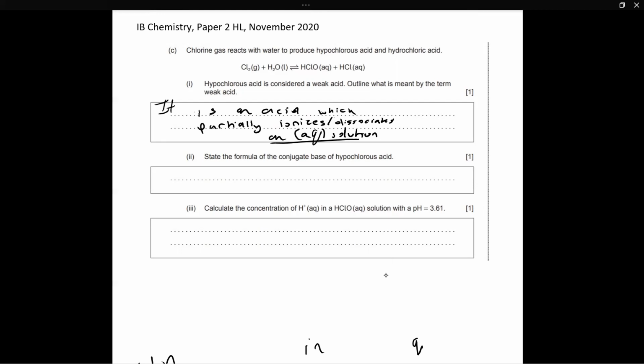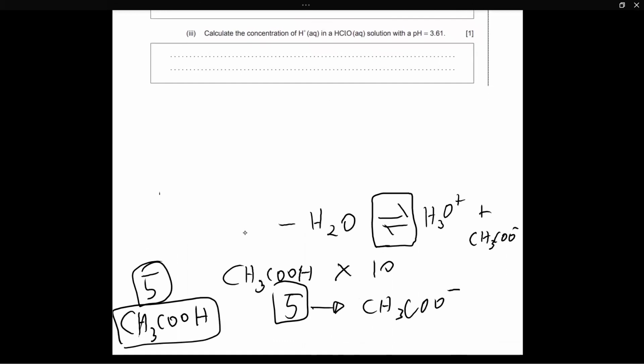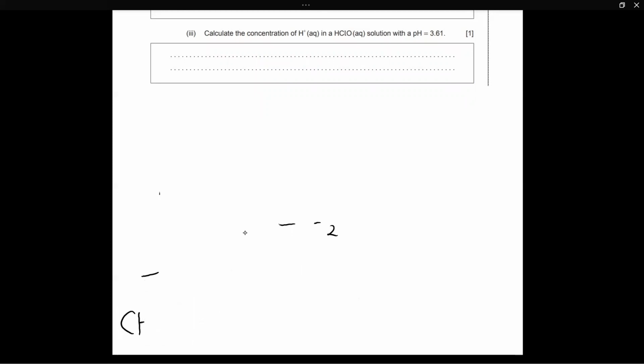Now, let's move on to the next part. State the formula of the conjugate base of hypochlorous acid. All of you are, I'm sure, familiar with what a conjugate base is. If you don't, I have done a video on it earlier, so please go and watch that. But to summarize, a conjugate base is the base formed once an acid has given off its hydrogen.